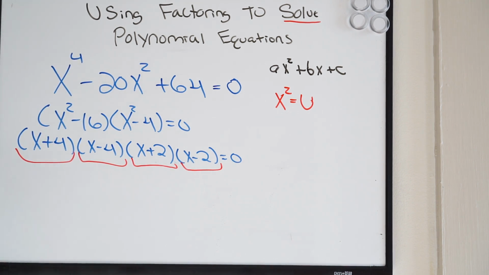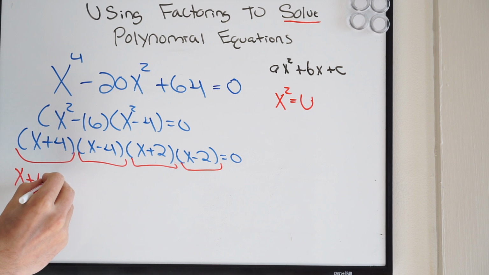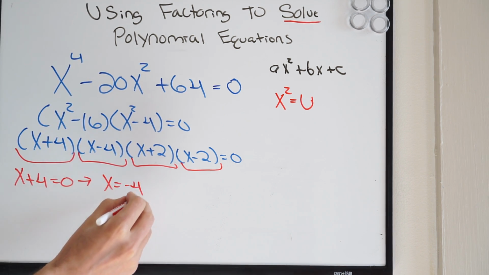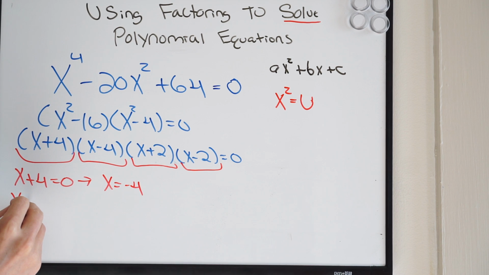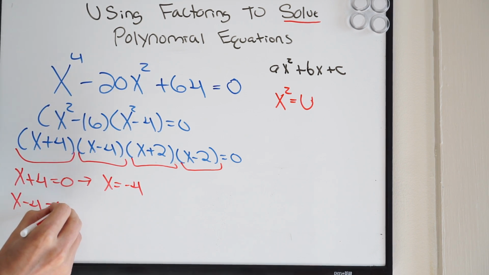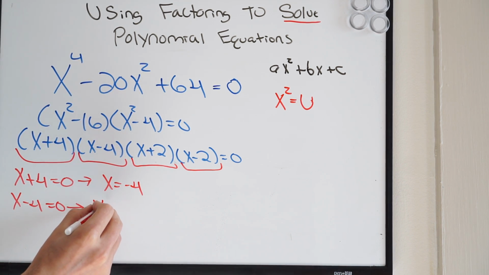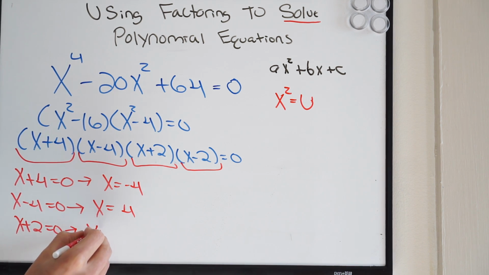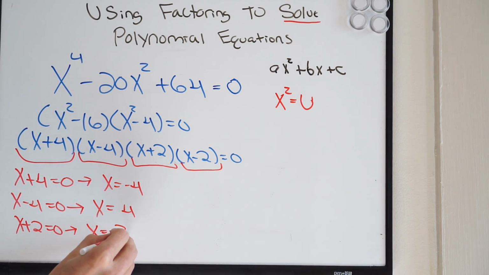So if we go ahead and solve now, starting from left to right, x plus 4 equal to 0 gives x equal to negative 4. Same thing here, x minus 4 equal to 0, so x equals positive 4. x plus 2 equal to 0 will be x equal to negative 2.